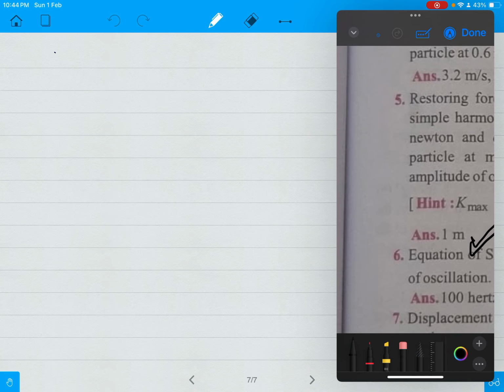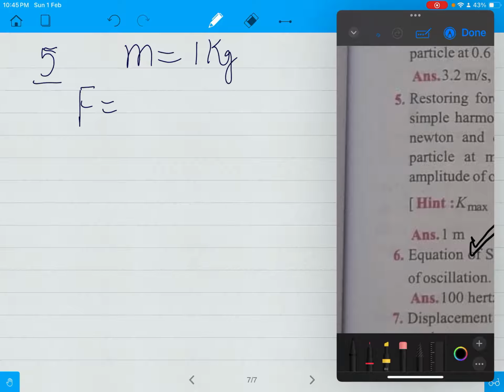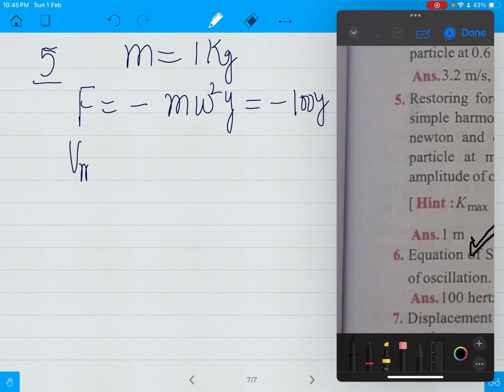So you can see here in question number 5, m equals 1 kg. The restoring force is given. What is the formula? Minus m omega square y equals minus 100y, and V max equals A omega, which is given 10 meter per second.